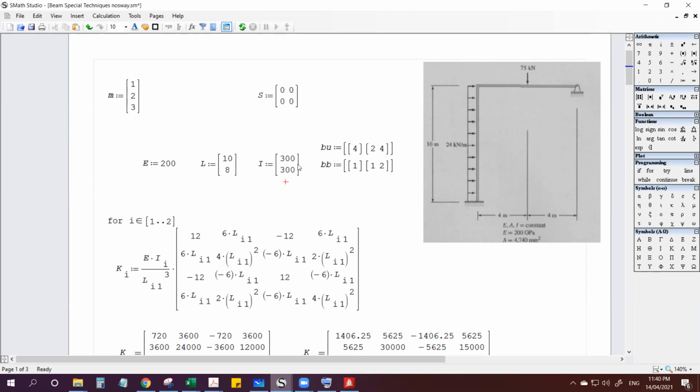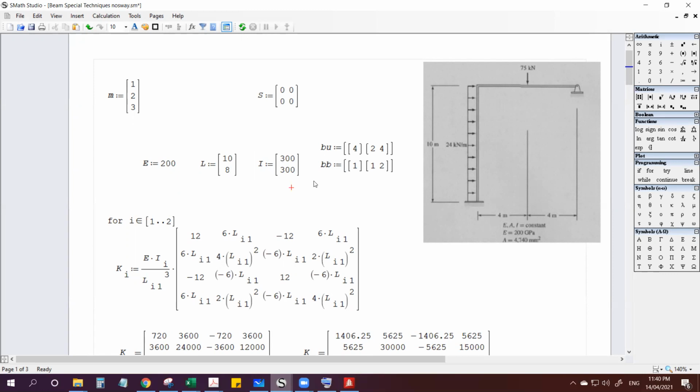Okay. I will show you later that since the problem is assumed as EI constant, I want to show you that if I assume a different inertia, the answer will not be different that much.